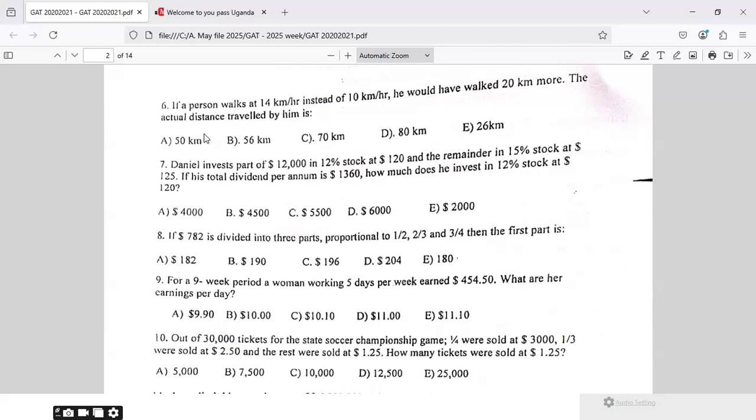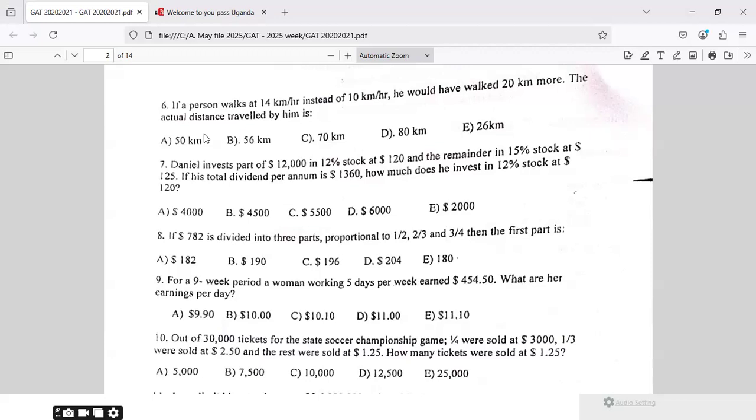Now they're telling us that if he had walked at the actual 10 instead of the 14 that they used, he would have covered 20 more kilometers.